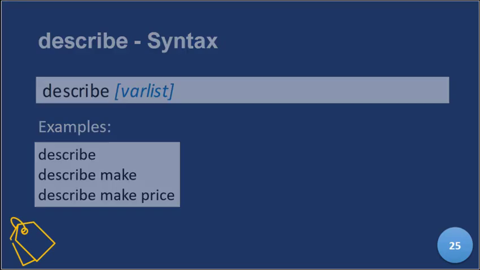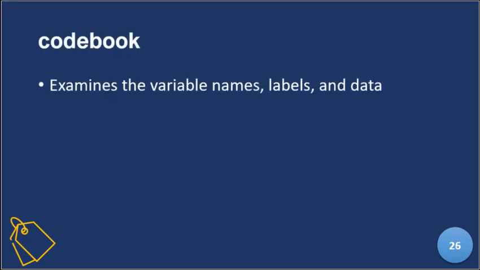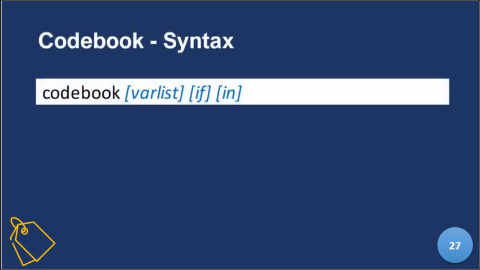Okay, let's move on to codebook. Codebook examines the variable names, labels, and data. This is the syntax for codebook: codebook varlist if and in. That means you can select a few variables or observations and do a codebook for that.